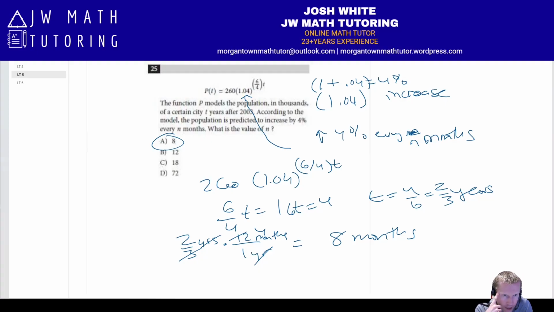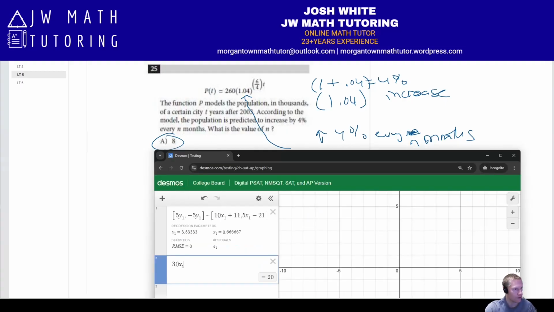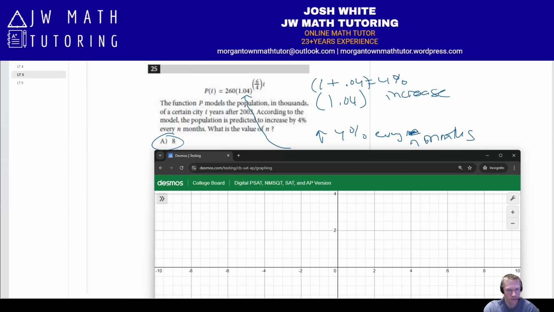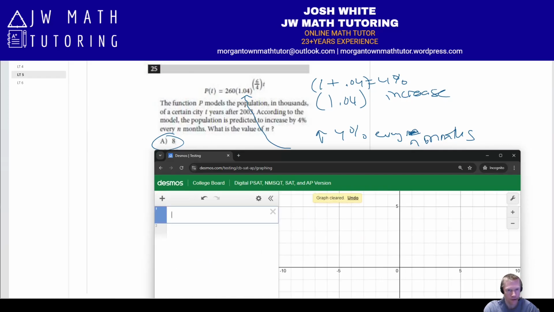Now, an alternate way you could do this is to plug in the answer choices. I'm just going to go to Desmos. First I'm going to graph the original function here. I'm going to use x instead of t, but everything else is the same.